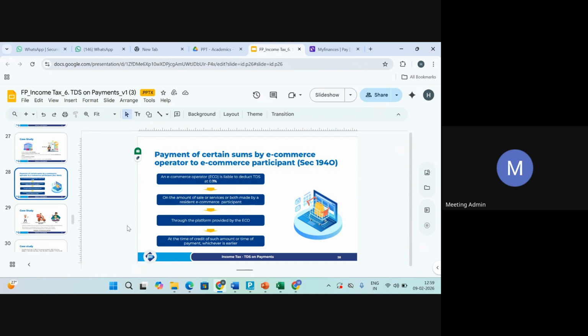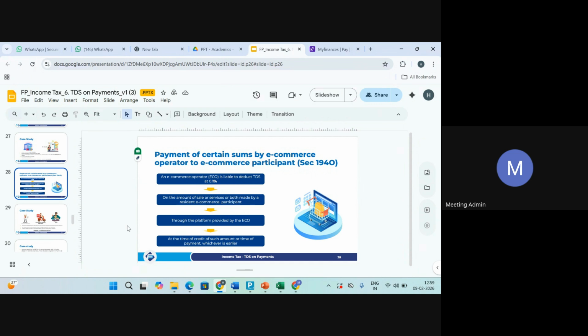Payment of certain sums by the e-commerce operator to an e-commerce participant, Section 194O. Okay, you'll already be knowing what e-commerce means. If you order through any online website, you'll undergo this. Here you can see an e-commerce operator is liable to deduct TDS at 0.1 percent. So if you order, anyway you'll be going to pay.